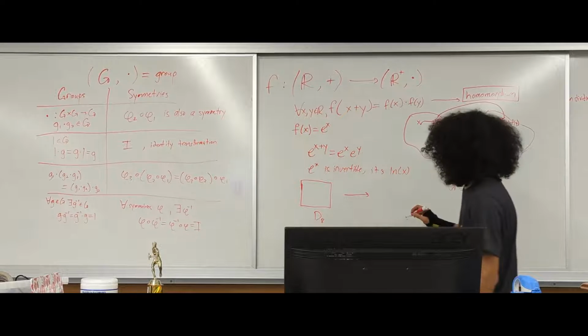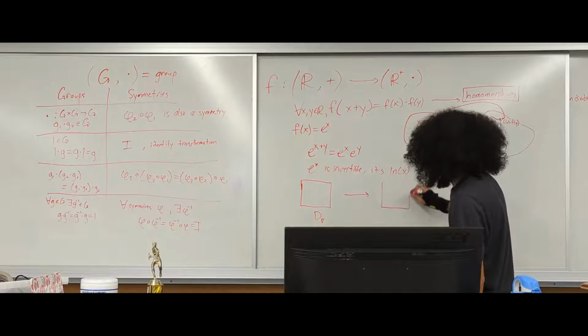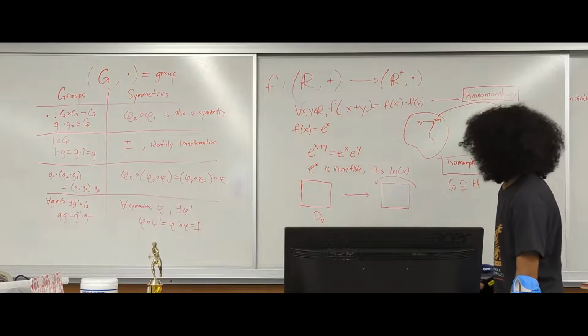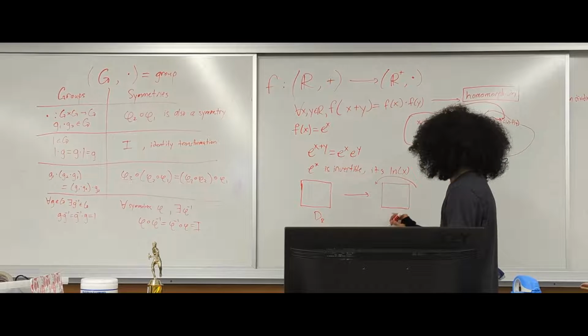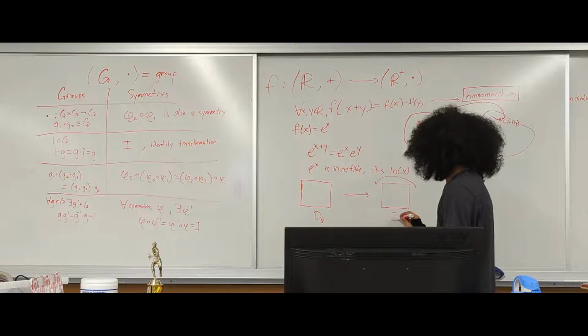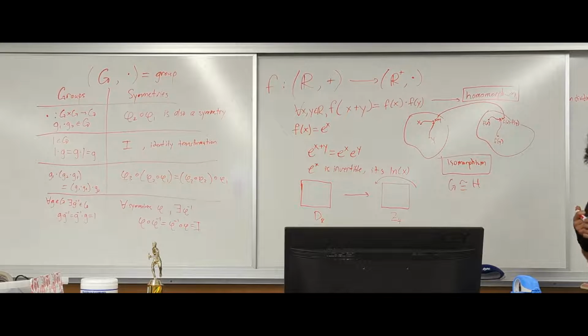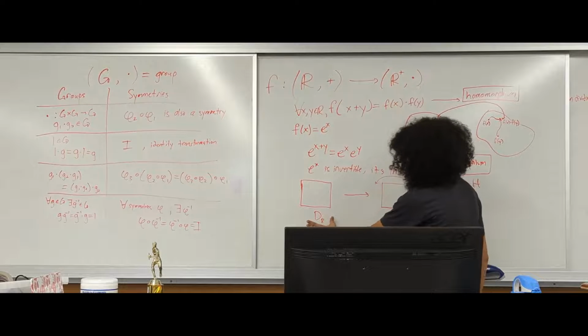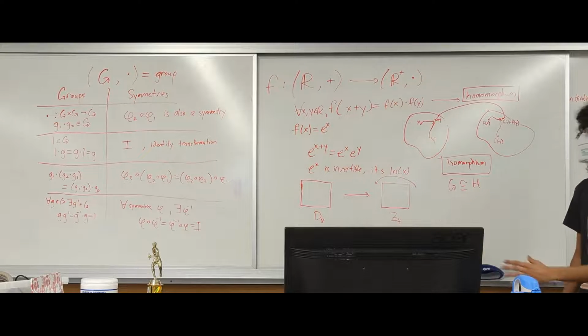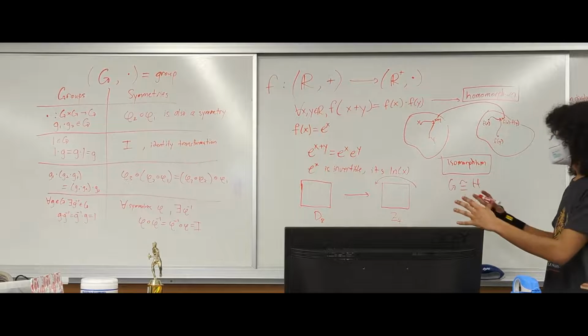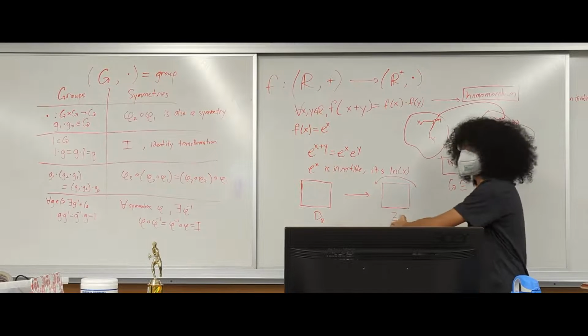You could then map that group to just the group of rotational symmetries that this square has, which is technically called Z4. And so what's happening is that there's this structure with the reflections that is being subsumed through the function.